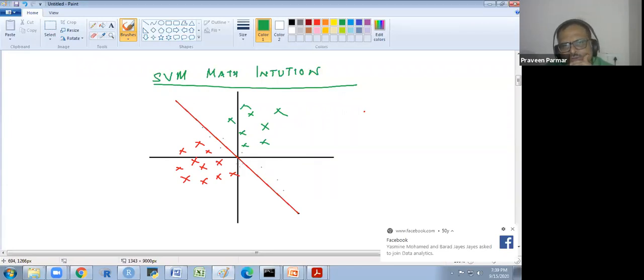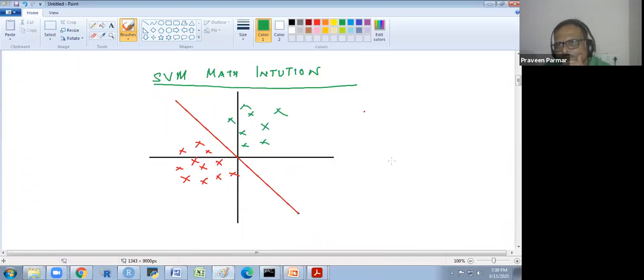What is the slope of this line? Can someone tell me? It is 45 degrees basically.